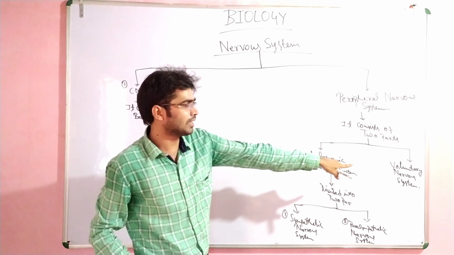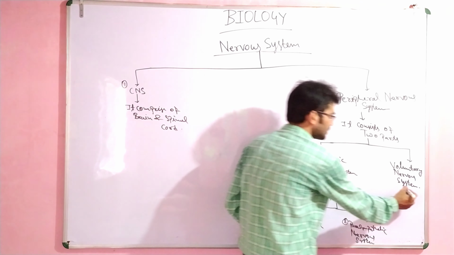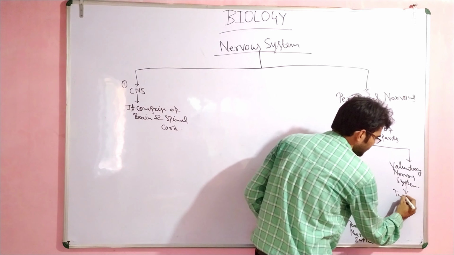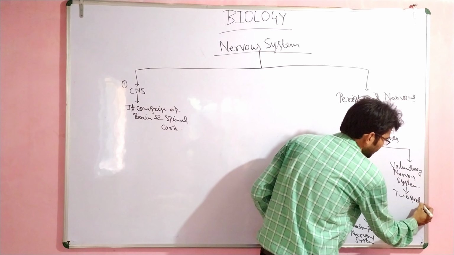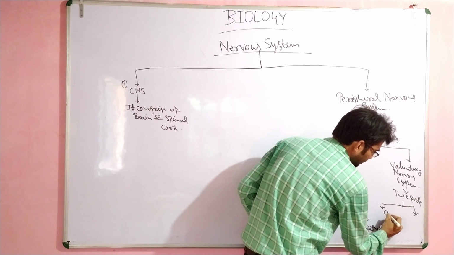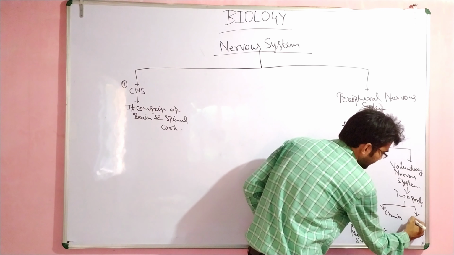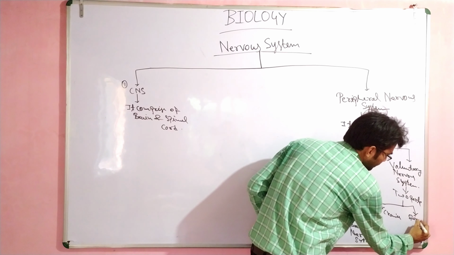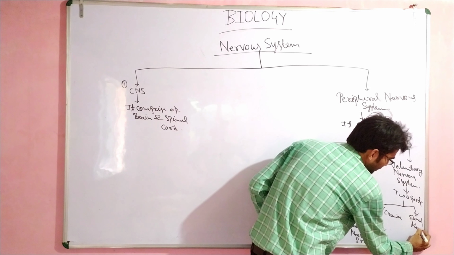And the voluntary nervous system also consists of two parts: cranial and spinal nerves. And this one is of 31 pairs.